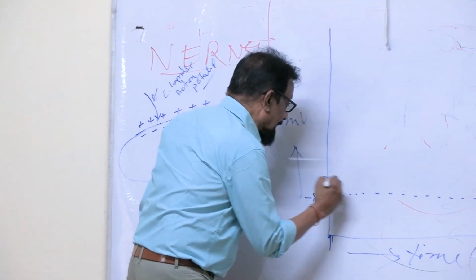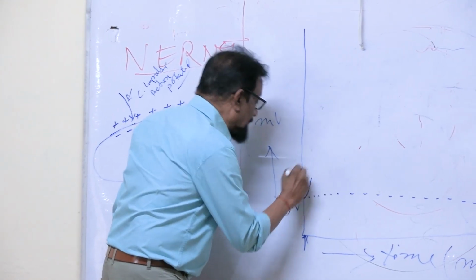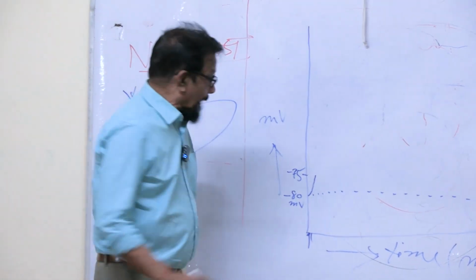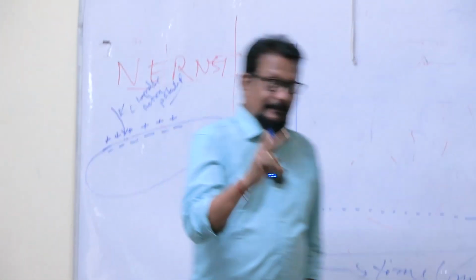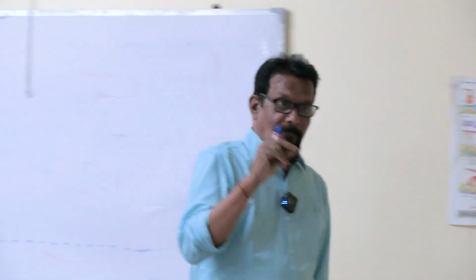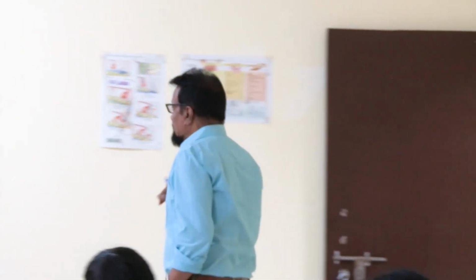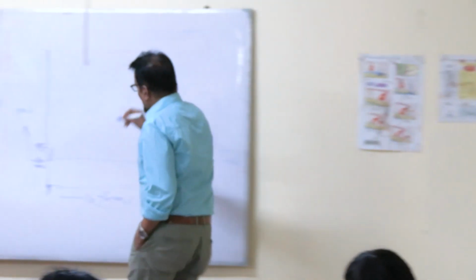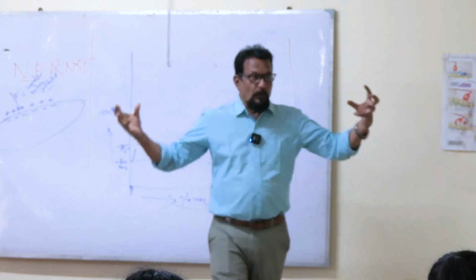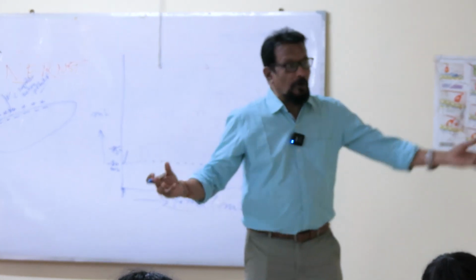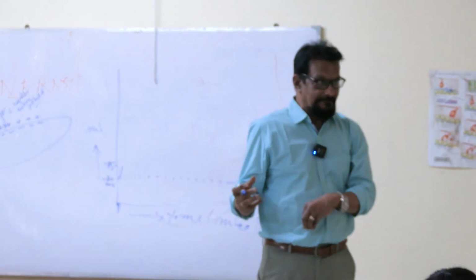When this depolarization came to this value, what happens? Immediately some sodium channels which are voltage gated will open. What are these channels? Voltage gated channels. Because of the opening of the voltage gated channels, a lot of sodium ion will enter into the cell.